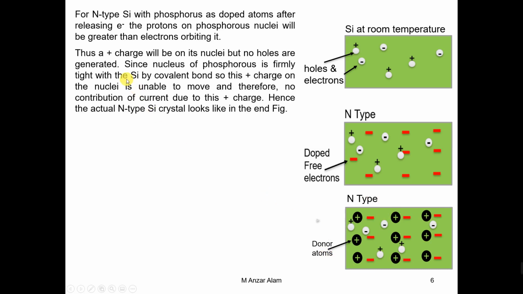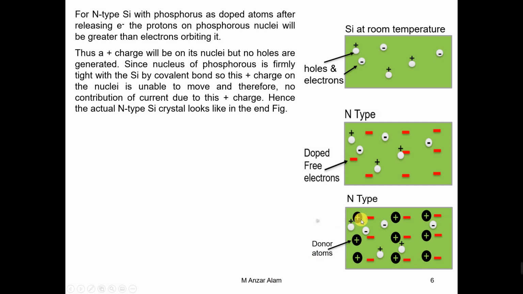Thus, a positive charge will be on its nucleus, but no holes are generated. Remember, these nuclei are the charge. These electrons are free electrons. The electron is removed from the outer shell of the phosphorus, and it's wandering, moving from here to there.